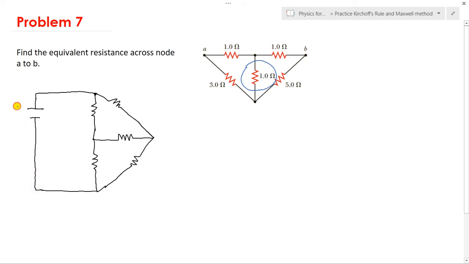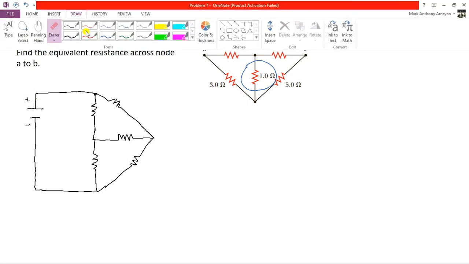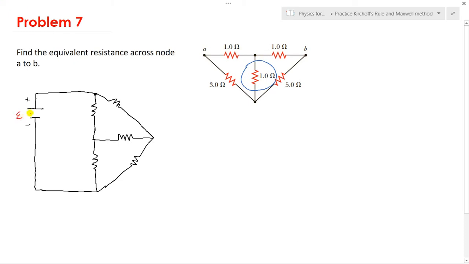Let's say we have here a voltage of E. This is the positive and the negative terminal. This is a 1 ohm resistor. This is the voltage of our battery. This is a 1 ohm resistor. This is a 1 ohm resistor. This is a 5 ohm resistor. This is a 3 ohm resistor. So this is our node B. This is our node A.